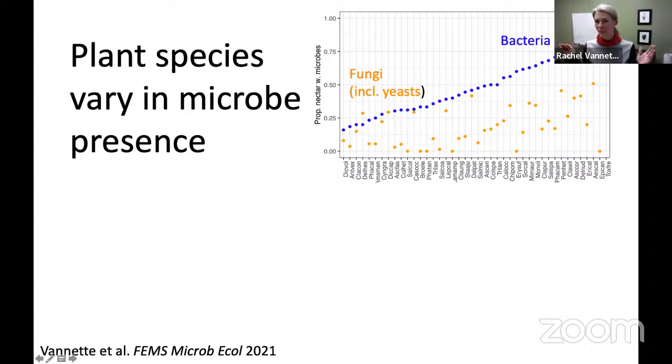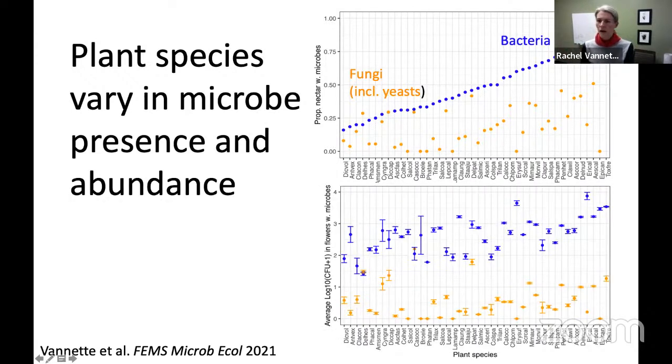So we've got a huge range here. We also found that plant species varied in microbial abundance. Here in the blue points is average bacterial density in nectar, and then average fungal density in nectar. And these plant species are in the same order as above.